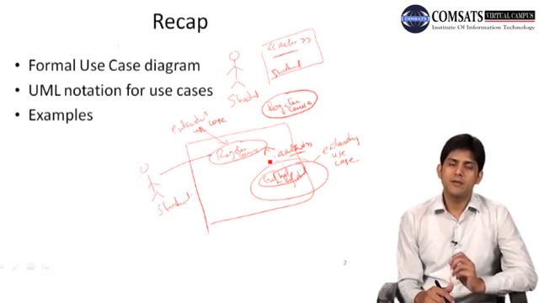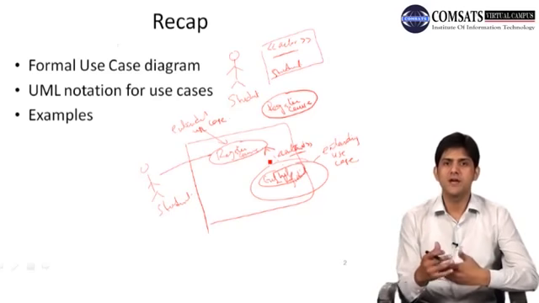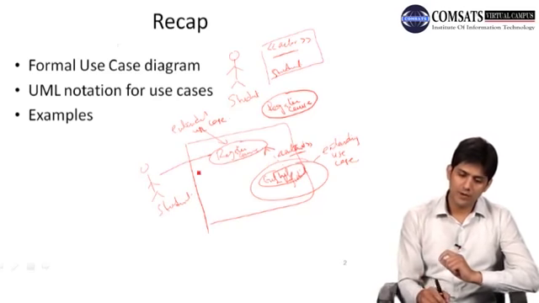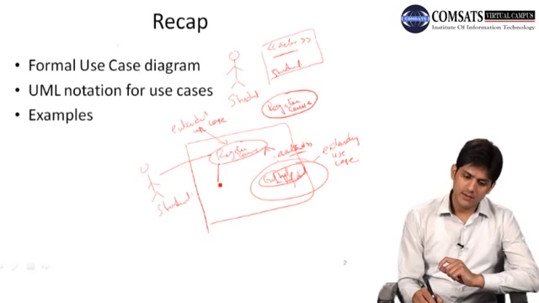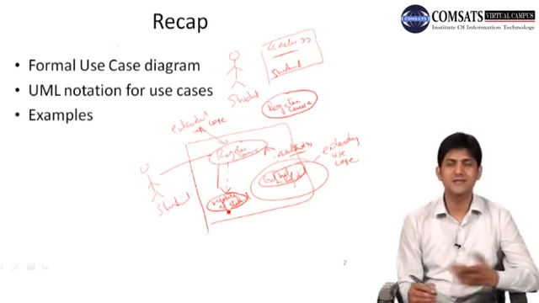Okay, another kind of special relationship that we saw was include. Include means that if we want to include the functionality of another use case, for example, this register use case includes that the validity of the student who is trying to register for a course is checked.